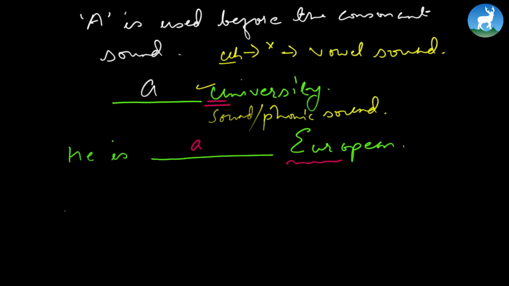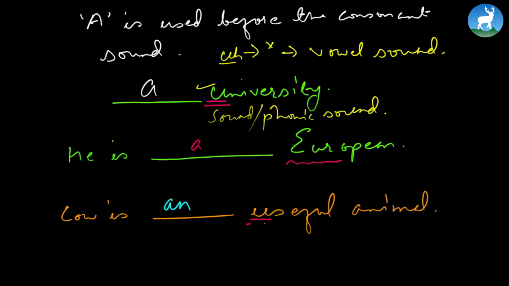Similarly, one more example. Let's say "cow is useful animal." Look at that. Don't write "an" here just because here is a U. You'd be wrong. We have to work on the phonic sound here. "Useful," again "yoo," not "u." That's why the correct answer would be "cow is a useful animal."